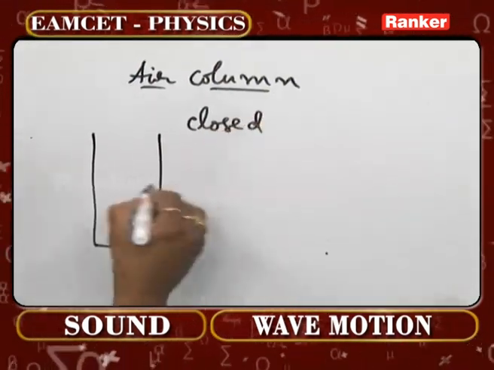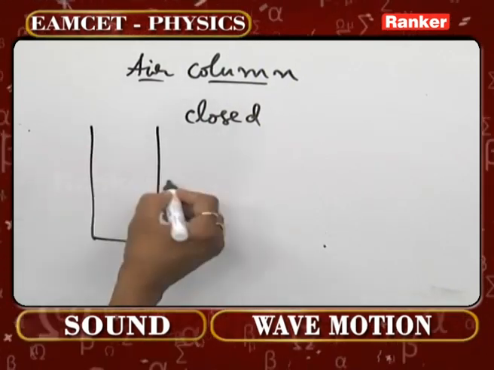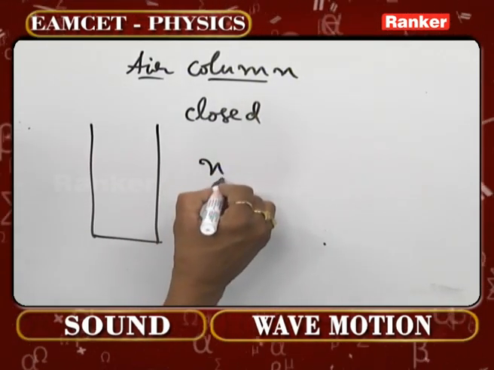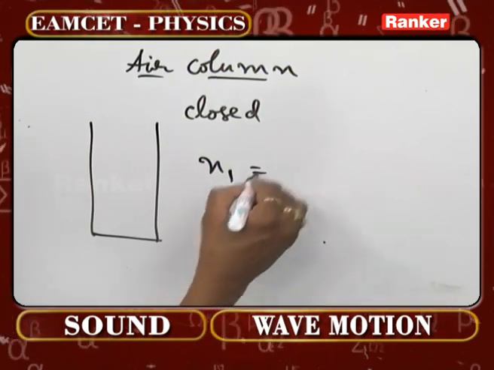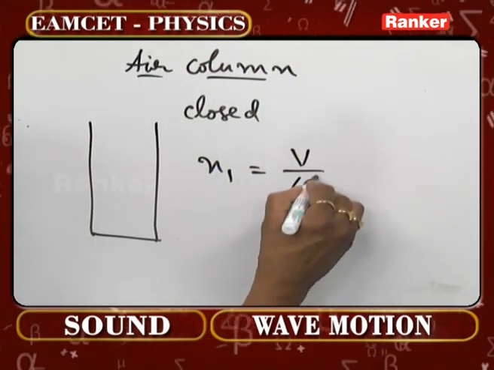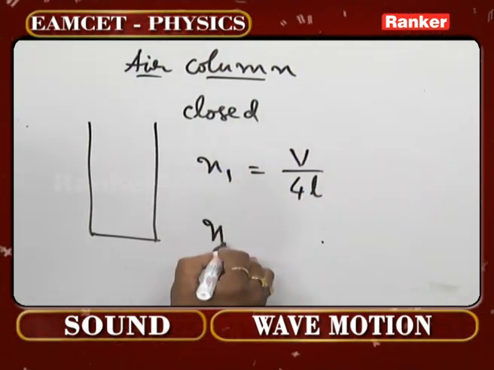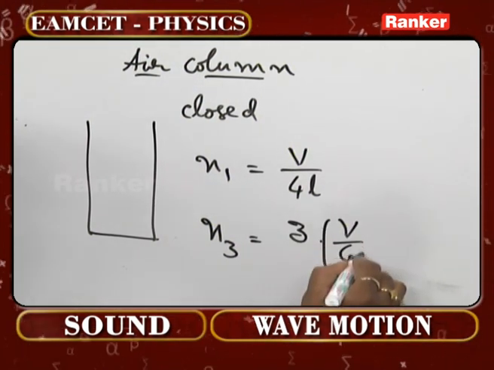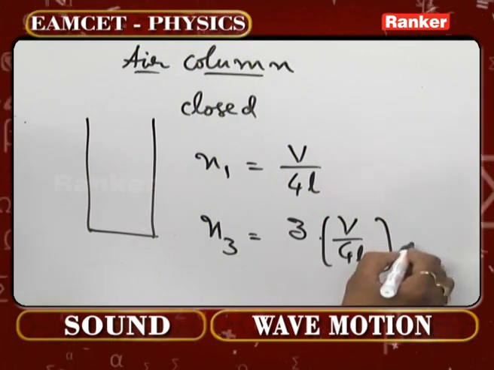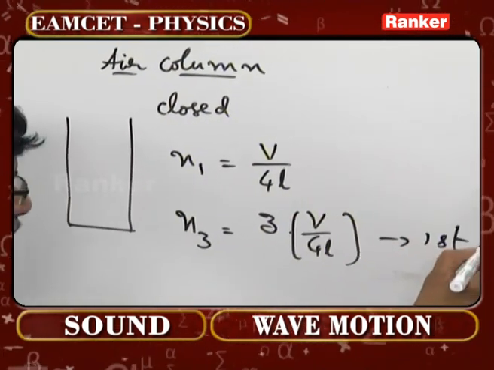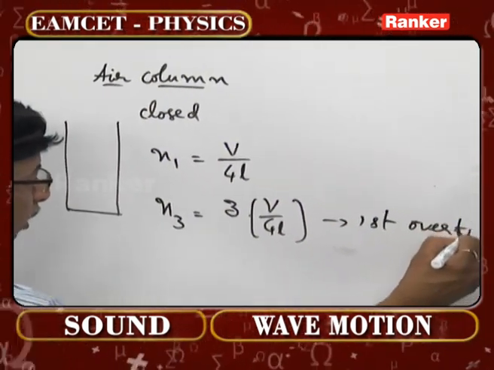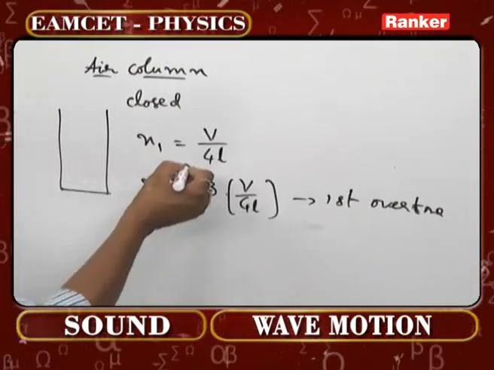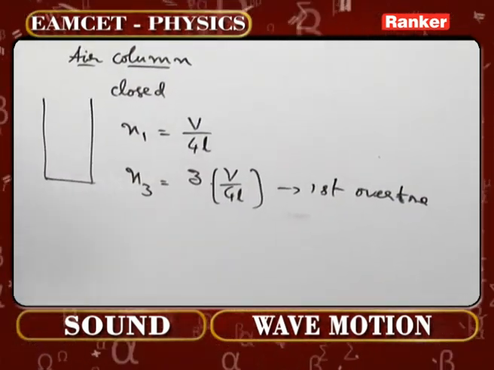In a closed pipe, what will be the frequencies? N1, the first harmonic frequency, is V by 4L. N3 we write as 3 times V by 4L. That is called the third harmonic, or you can call it the first overtone. In a closed pipe, even numbered harmonics are not possible.